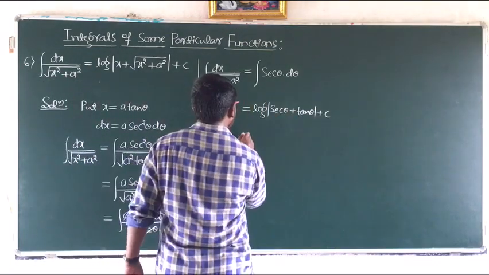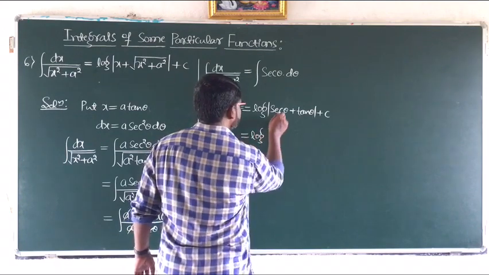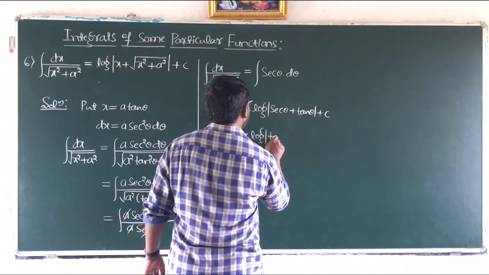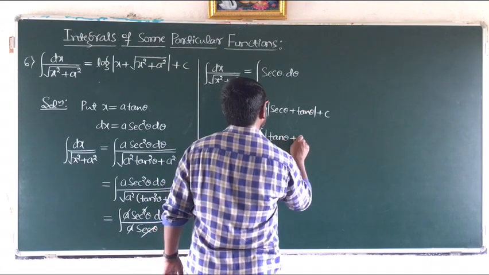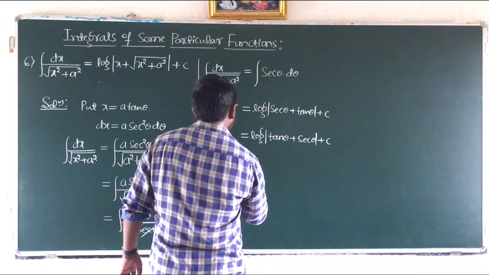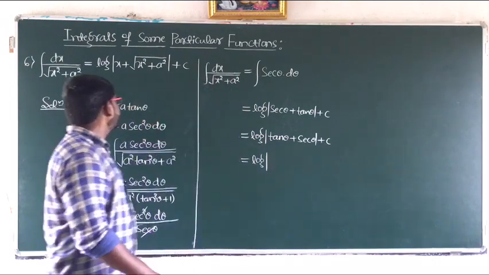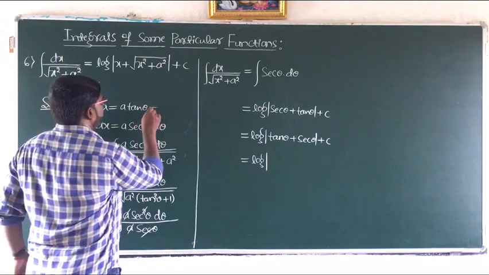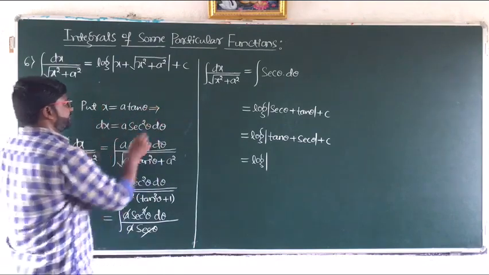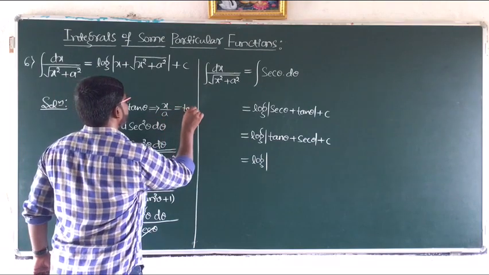So here log, this can be written as tan theta plus secant theta plus c. So now log mod, what is tan theta? Here I take a to the LHS, it becomes x by a, which is equals to tan theta.